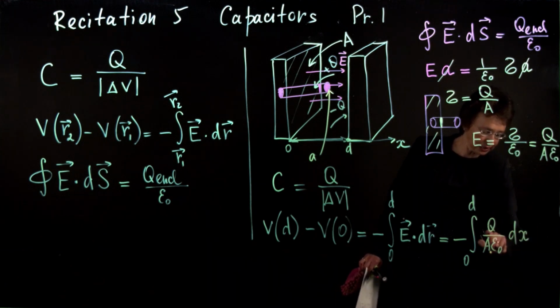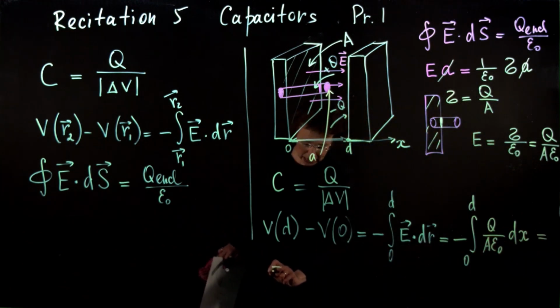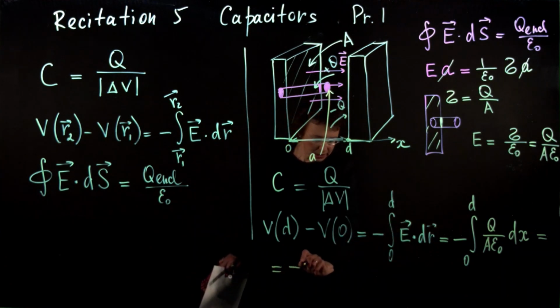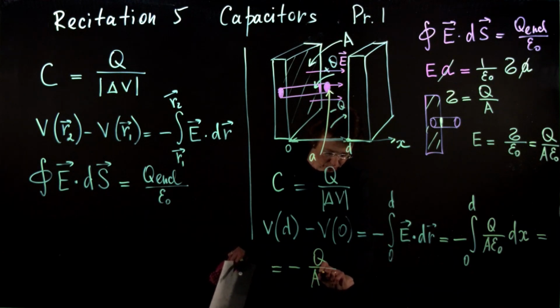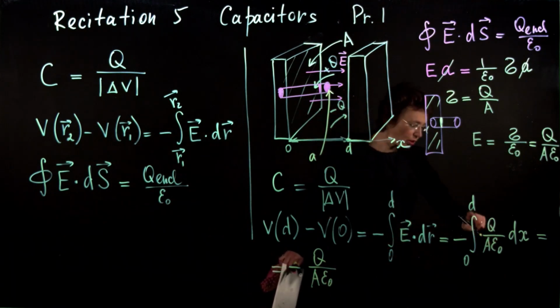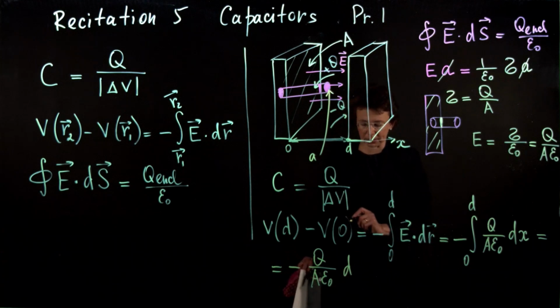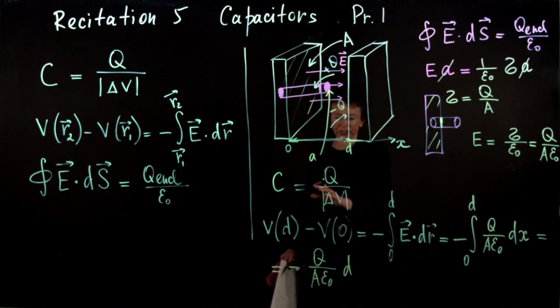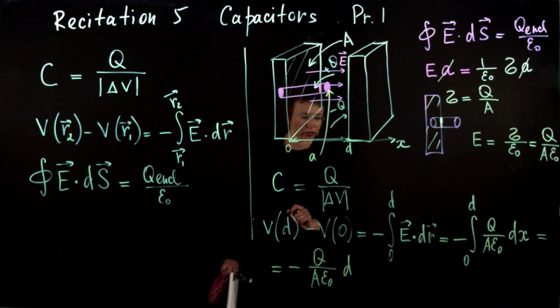I take these constants out of the integral, minus Q divided by A epsilon naught, and then the integral of dx is x. I plug in the upper limit, which is d, and the lower limit gives me 0. This is V at d minus V at 0, the difference in the electric potential.